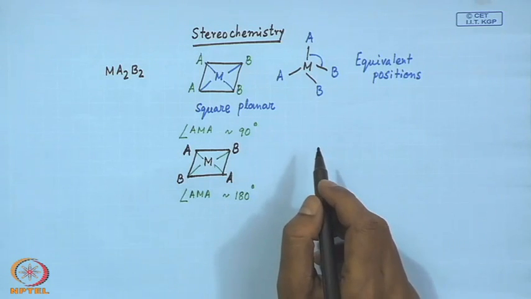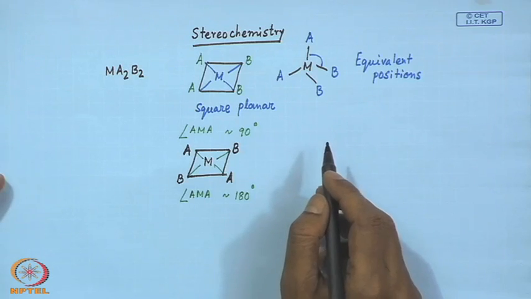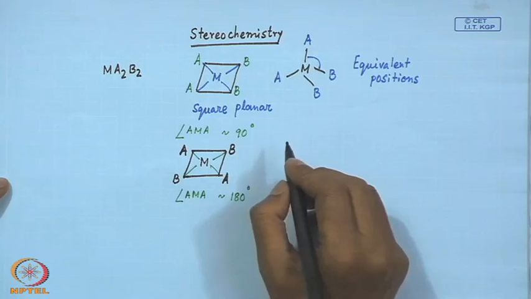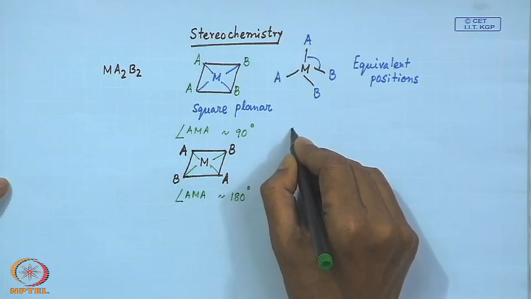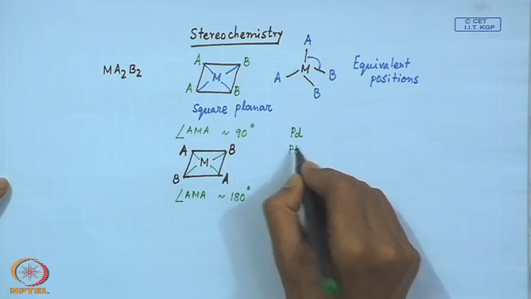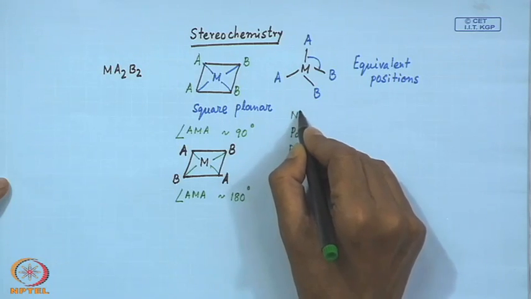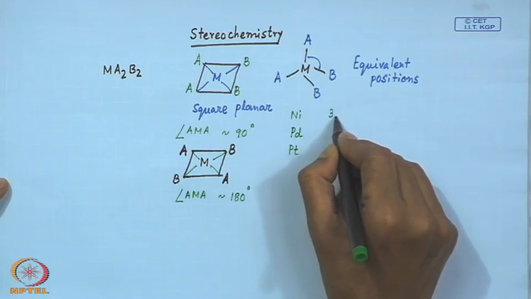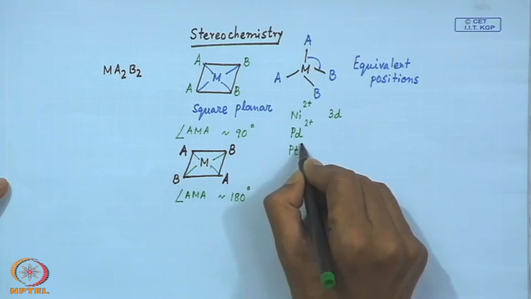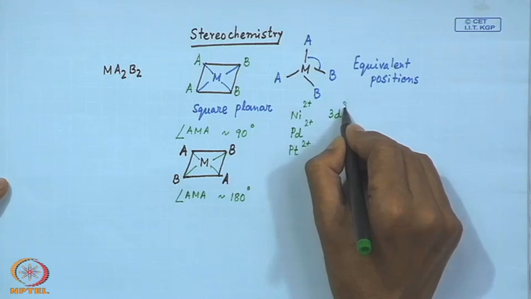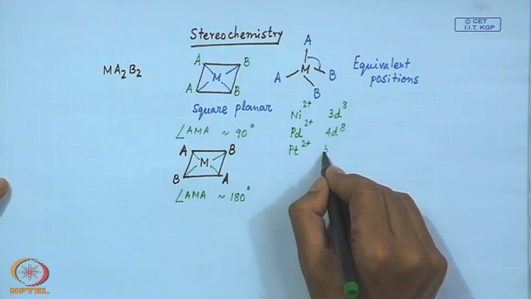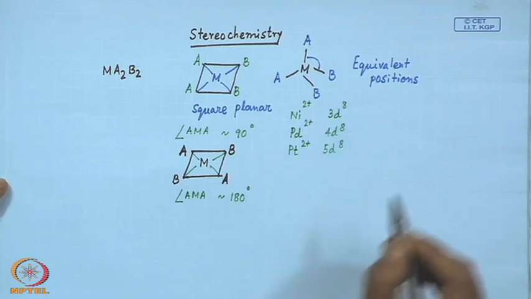This arrangement is very important and useful to know, because we can have a large number of such compounds which can be prepared from palladium or platinum salts as well as nickel salts, because these give 2+ oxidation states: 3d8 species, 4d8 species and 5d8 species.